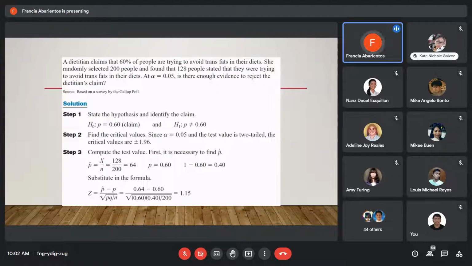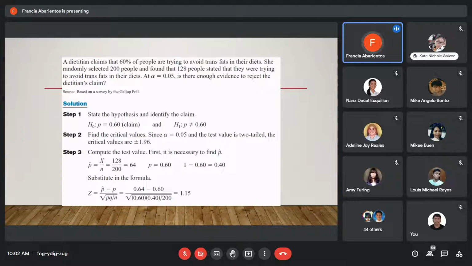So, she randomly selected 200 people and found that 128 people stated that they were trying to avoid trans fats in their diets. At a given significance level of 0.05, is there enough evidence to reject the dietitian's claim? So first, we need to state the hypothesis and identify the claim. Given sa atin, it is in percentage. So this will now fall under the proportion.